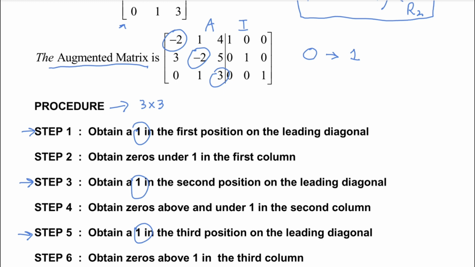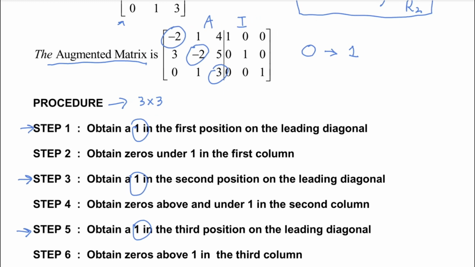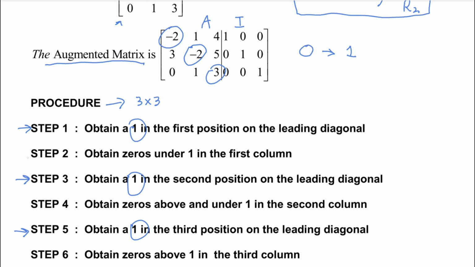Alright, then for any even step, which is step 2, step 4 and step 6, is where you want to obtain zeros for the rows that you have not included before, either under the leading diagonal, or above the leading diagonal, or both.